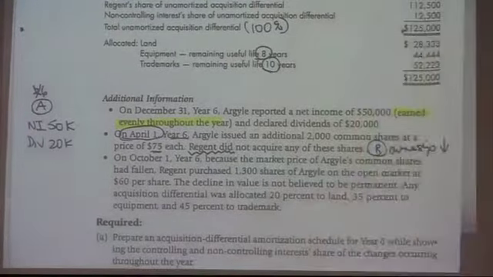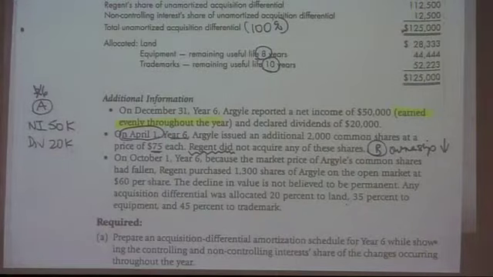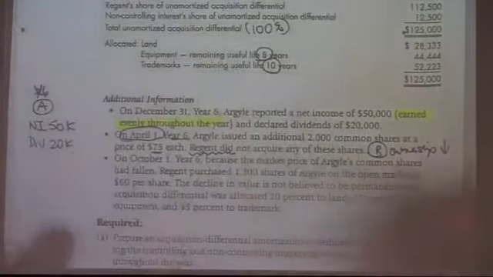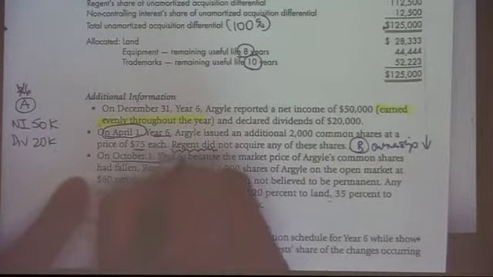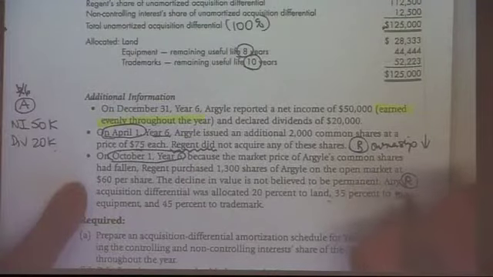Now, what happens is on October 1st, year 6, because the market price of Argyle's common shares have fallen, Regent turned around and purchased 1,300 shares of Argyle on the open market at $60. So again, Regent's ownership at this stage, so that's an important date as well, increased.